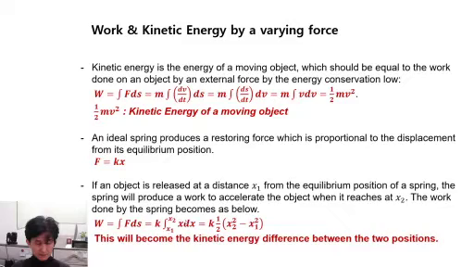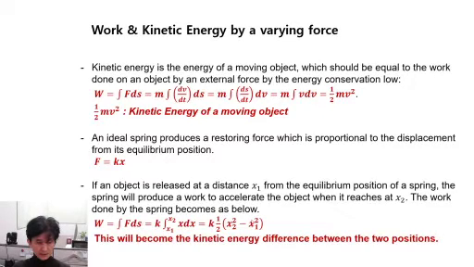The integral of x with respect to x is 1/2 x squared, so it becomes 1/2 k (x2 squared minus x1 squared). That is the kinetic energy difference between two positions when an object is displaced from x1 to x2, and that is the work done by the spring.